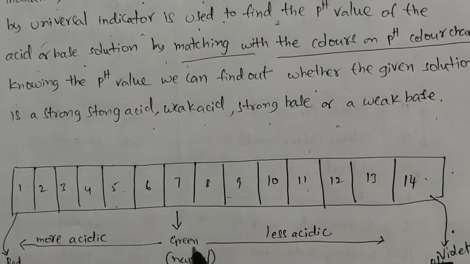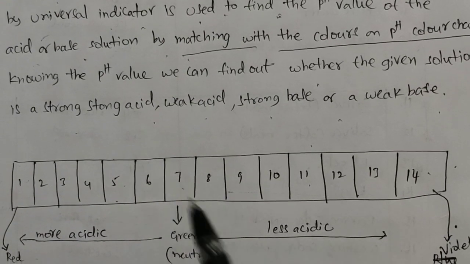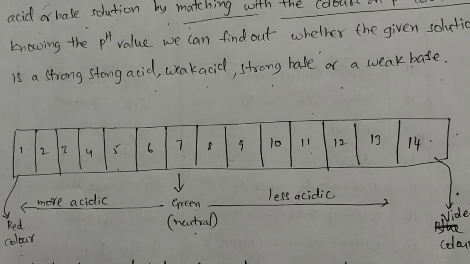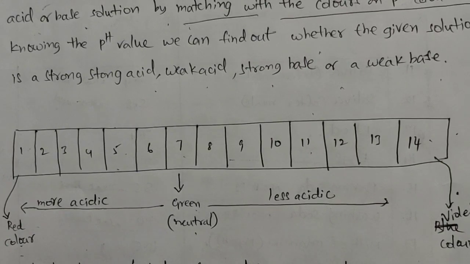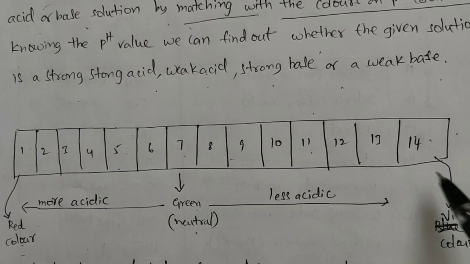Green color corresponds to a pH of 7, so the solution has pH 7. For example, if your given solution has given violet color with pH paper, then what could be the pH of that solution? It is 14, because violet color corresponds to pH 14, like that.